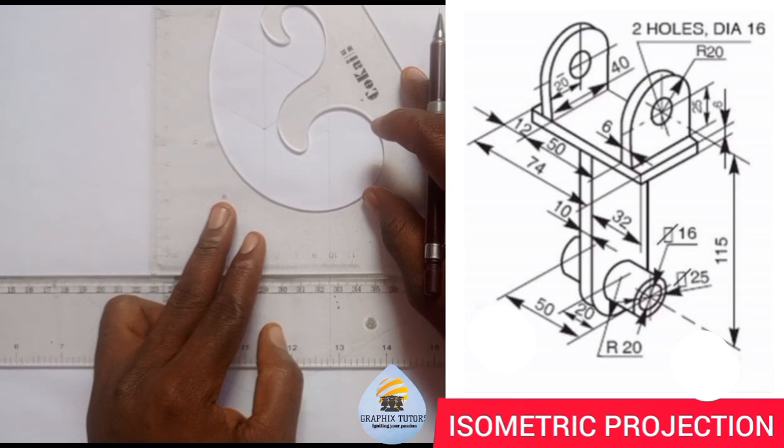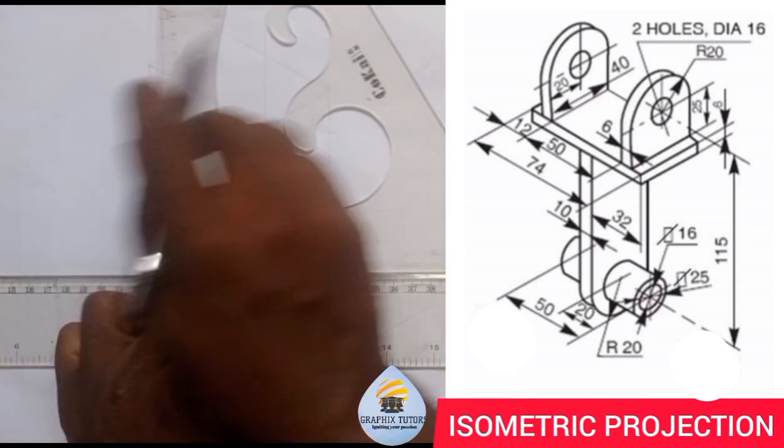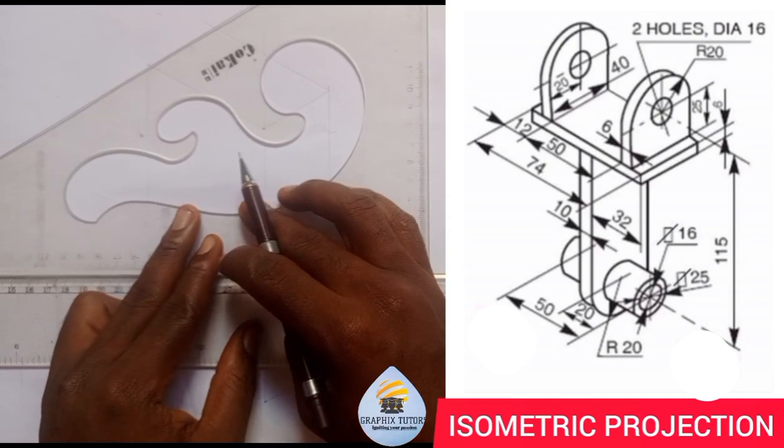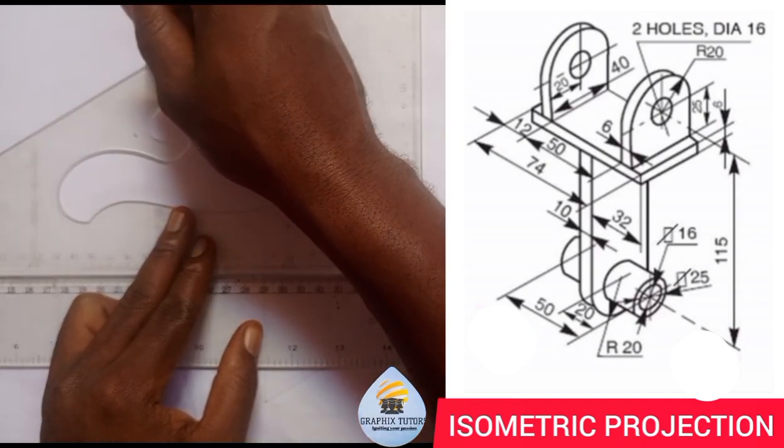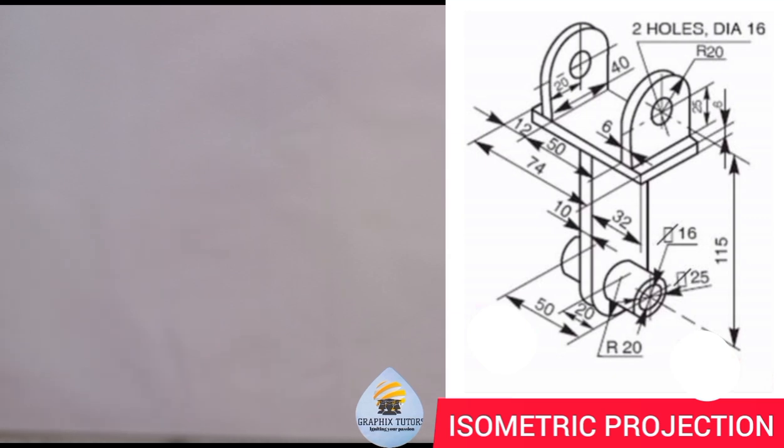So this will touch here, and I can close it up. So this is what we have. I have successfully drawn out this box.